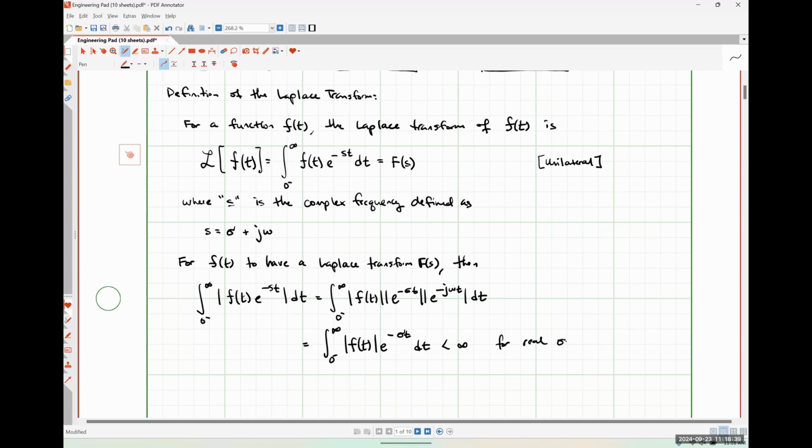So just to be super clear, the reason why I was able to get rid of this thing is the magnitude of e to the negative j omega t is literally always 1, because this thing effectively defines a unit circle in the complex plane. So its magnitude is always exactly 1.